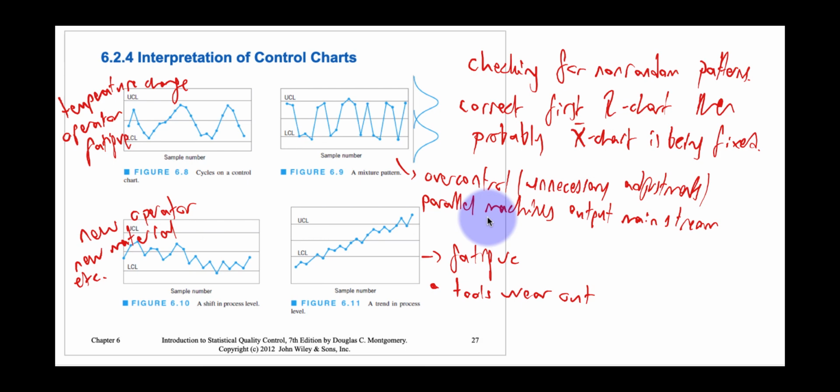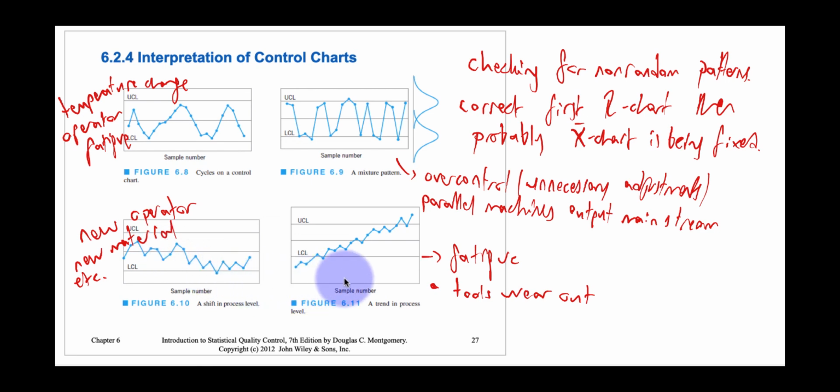Maybe this is the reason we are seeing the mixture pattern like this. Also, a shift in process level. So we see here there is a shift in the process level, and it can result from a new operator, new material, etc. The new things can cause this kind of shift.